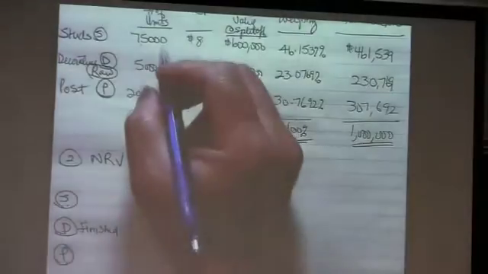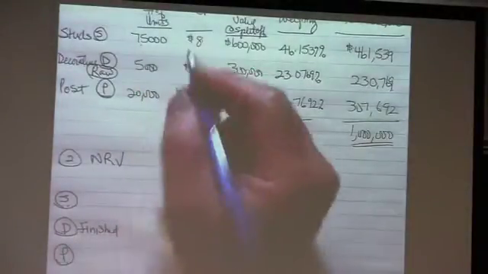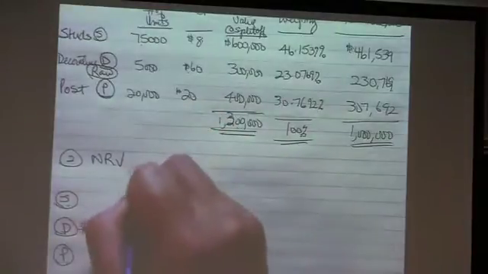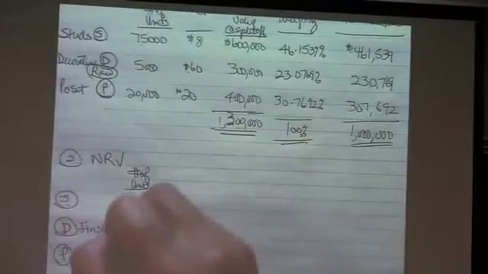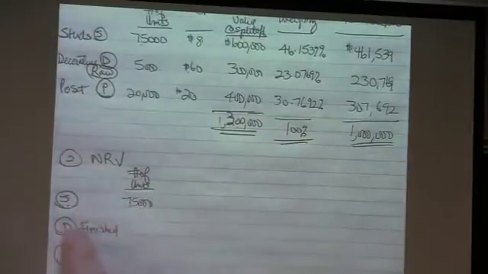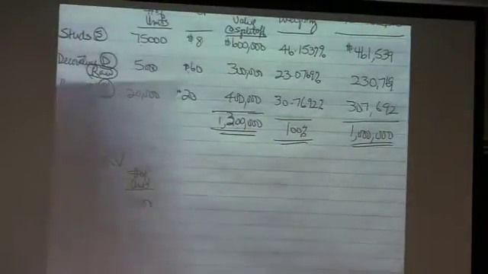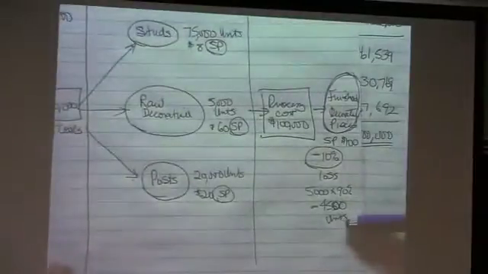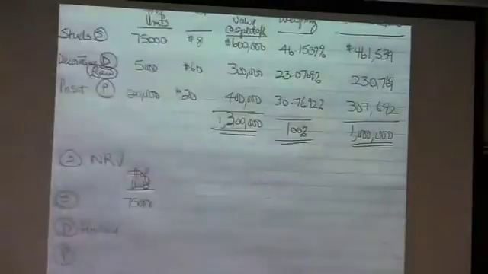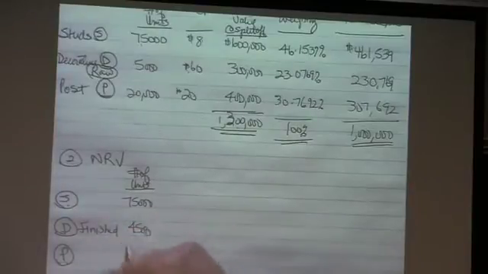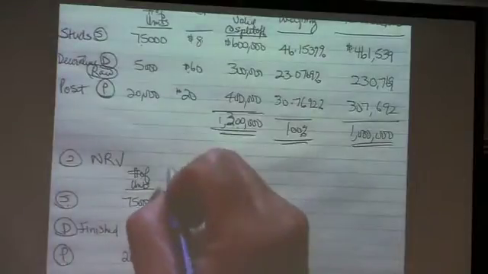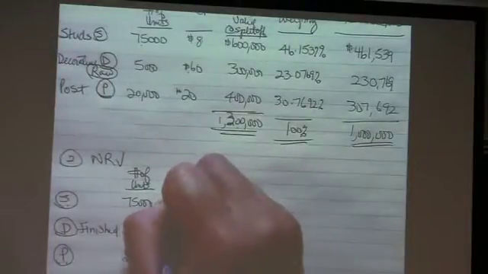So the number of units is 75,000. But remember this one, the number of units, we lost 10%, didn't we? So it's 4,500 units. Now, what's the actual selling price?